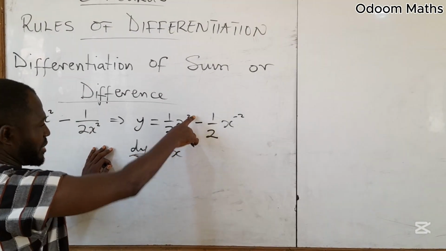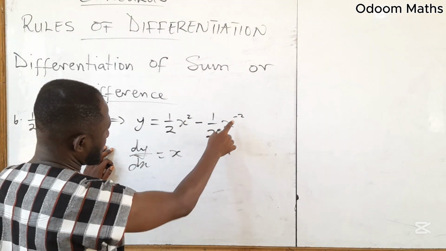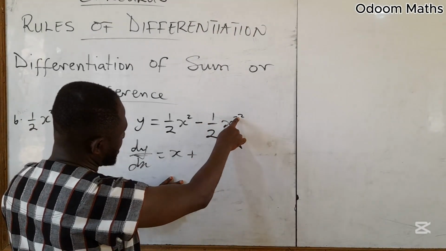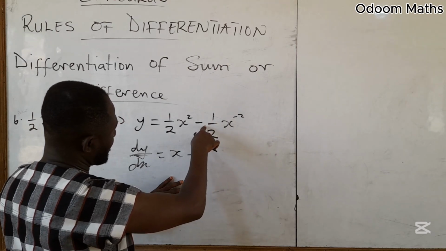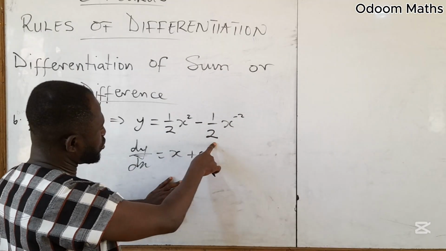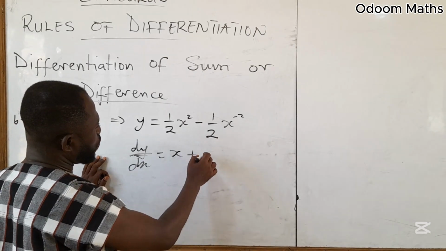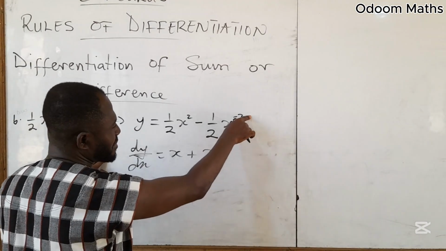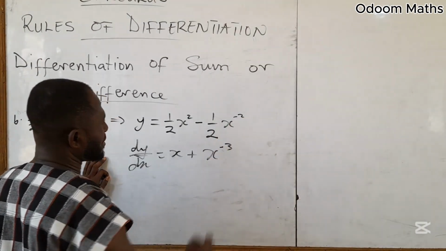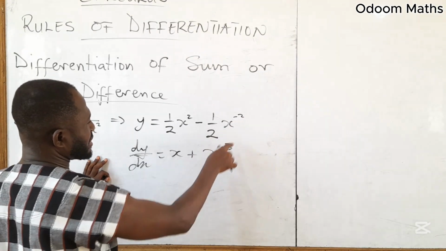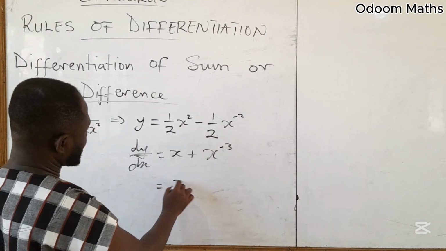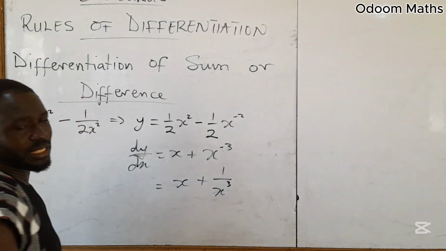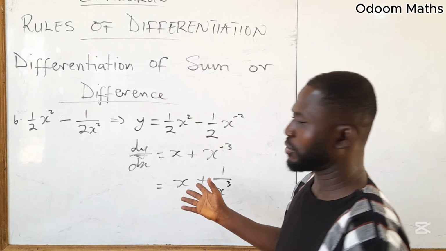Then here, negative and negative, so that is plus. Negative 2 times half is also positive 1. So x, now we take 1 from the power, becomes negative 3. So negative 2 minus 1 is negative 3. So the final answer becomes x plus 1 over x cubed. So this is the final answer to the 2 examples.